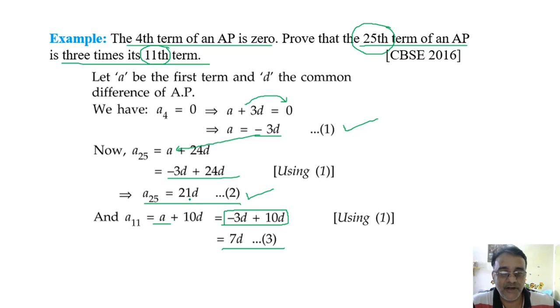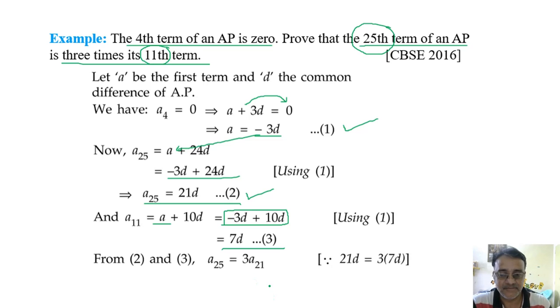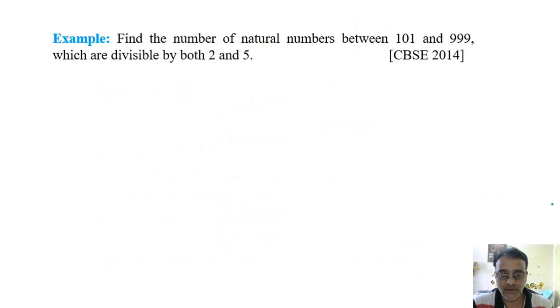Why? Because 21D is 3 into 7D. Clear? Yes, sir. 3 into 7D means 21D होगा ना, तो we can say that A25 is 3 times A11. वही proof करना था.